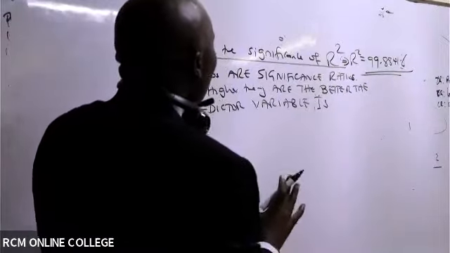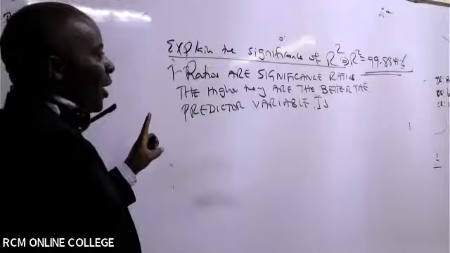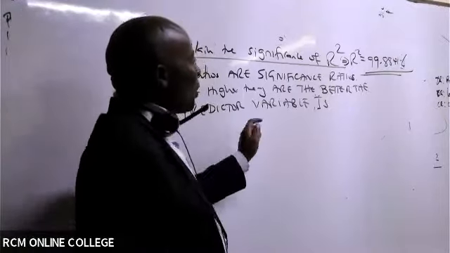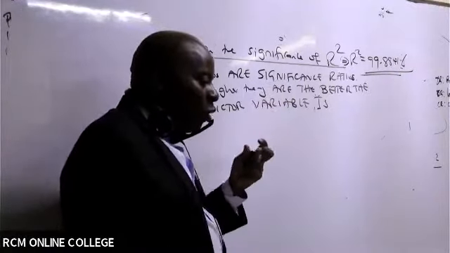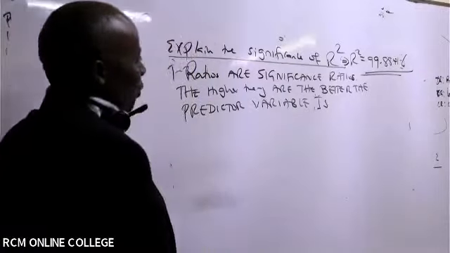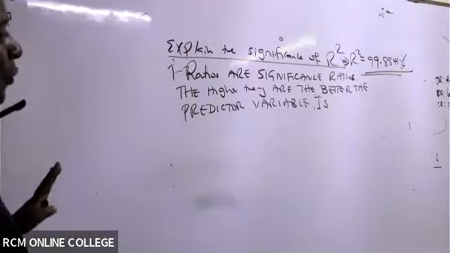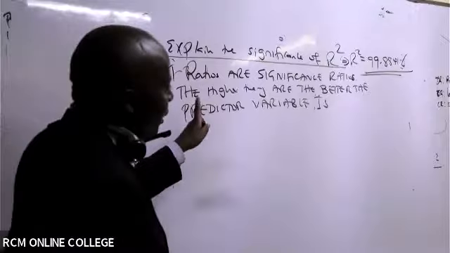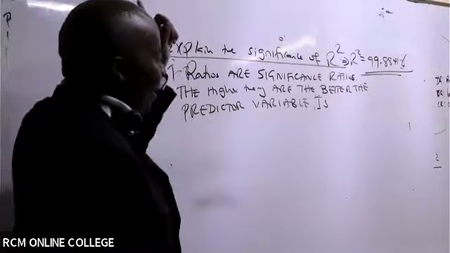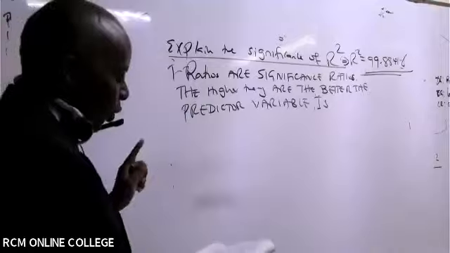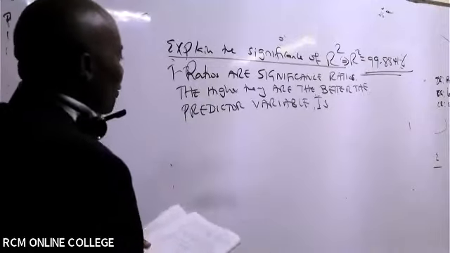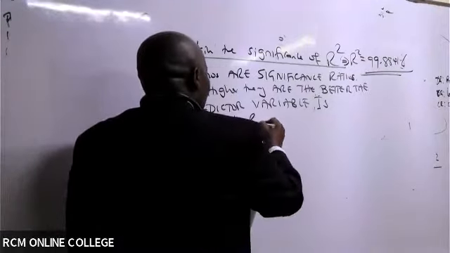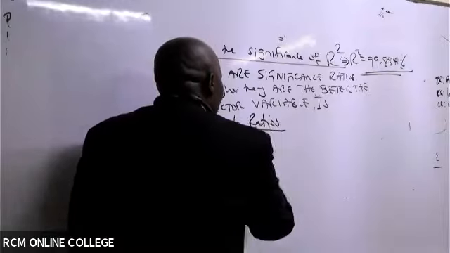So T ratios, whenever you see them, just like the F ratio, are used to measure how significant, how big a variable is. The higher these ratios are, the better the predictor variable is. So they have asked us for 2 T ratios, not 3, but 2.